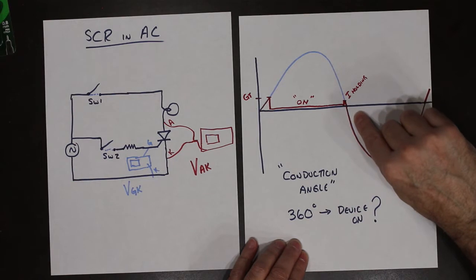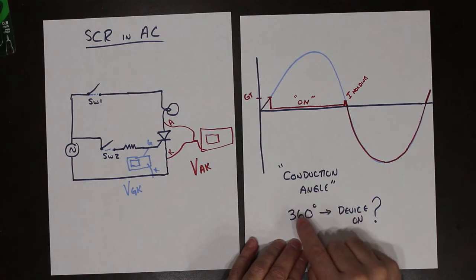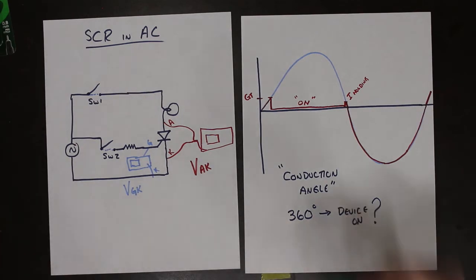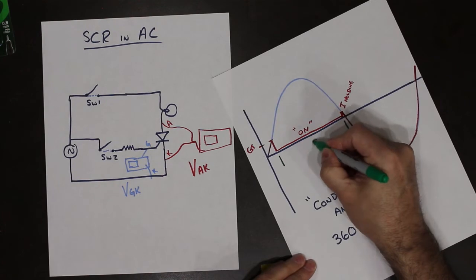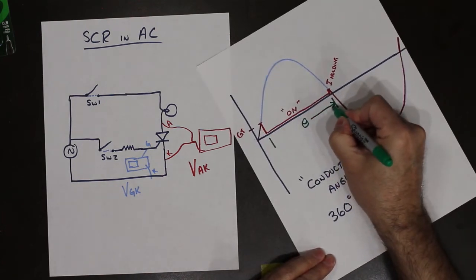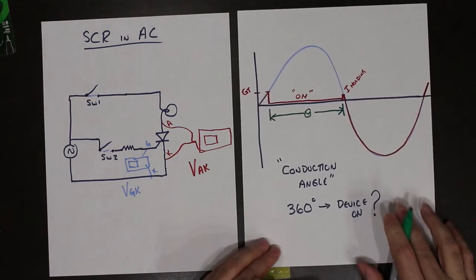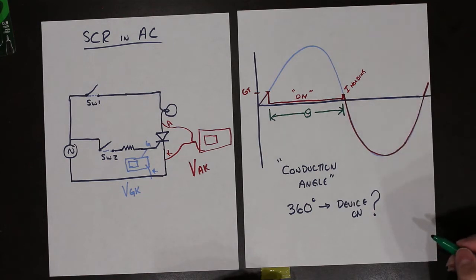So the device is turned off. The result is a conduction angle. So the conduction angle is a measurement in degrees of how long a device is conducting in our 360 degree waveform.